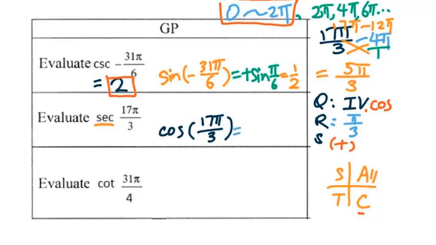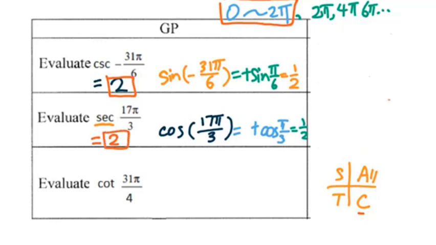Therefore, you get positive cosine pi over 3. That's cosine 60, so it means 1 over 2. Therefore, I flip, I get 2. That's the answer. Now let's go to the last example.